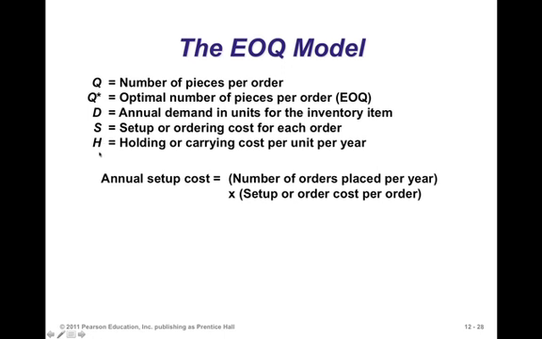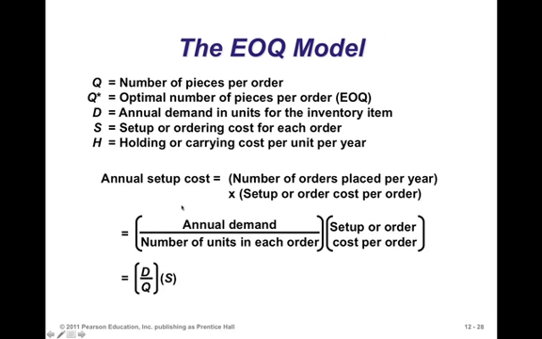So if we know the cost of the item and we know the interest rate, we'll say, well, if the item costs $10 and we're paying a 10% interest rate per year, so 10% of $10 would be $1 per year. That's what this would cost. So we could express the holding cost in terms of an interest rate and the cost of the item. Okay? But remember that the holding cost also includes some other items as well, such as insurance, storage, rentals, and all that sort of stuff.